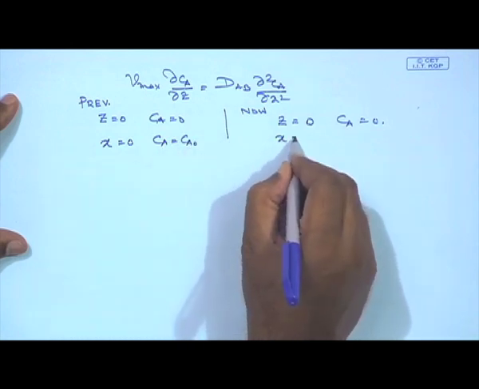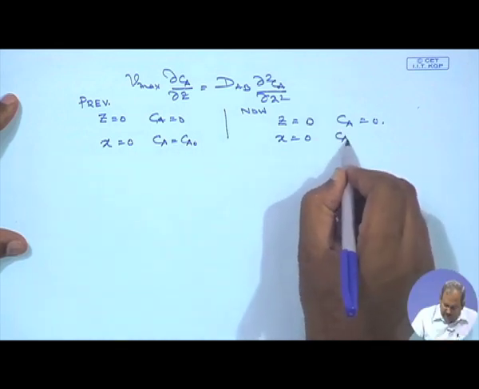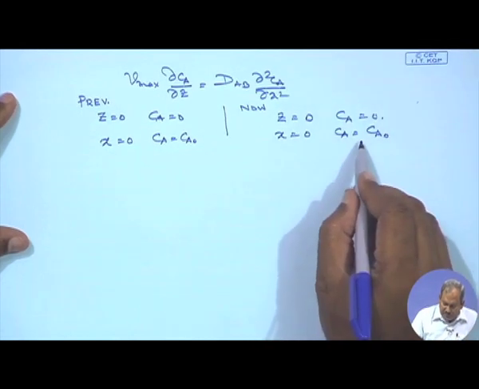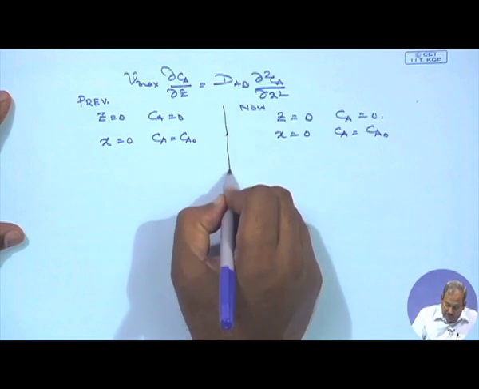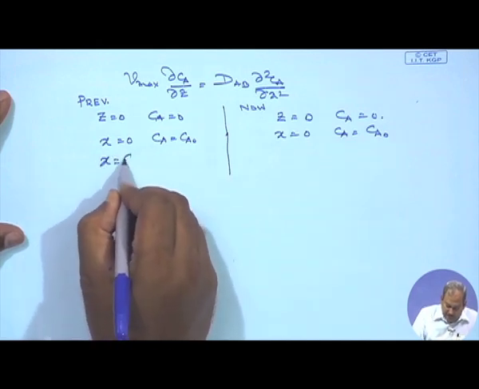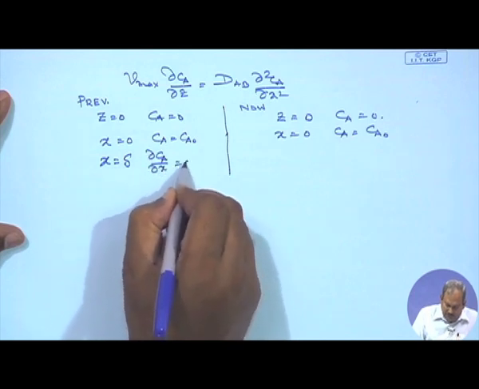That is, at the interface the concentration is equal to some interface concentration, which could be the solubility of A in B. The third condition that I have used is the impermeable wall condition, that is, at x equals delta, del Ca by del x is equal to 0.